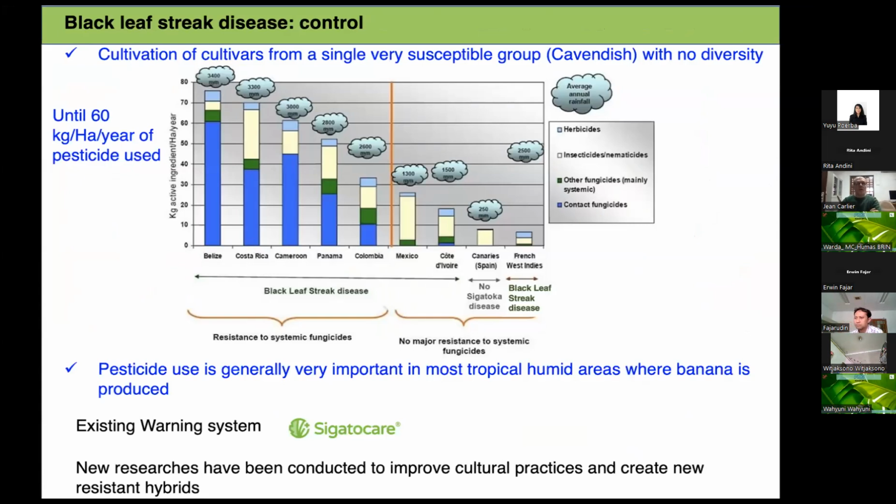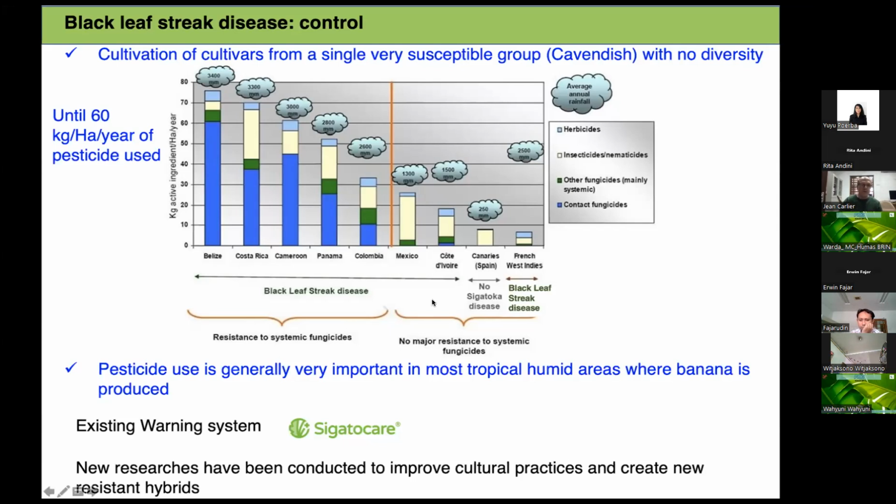As you may know, the cultivation around the world, not in Asia, but in your part of the world, is based on the very susceptible group Cavendish, with no diversity. And so to control this disease in big plantations, a huge amount of fungicide is used, up to 60 kilograms per hectare per year.